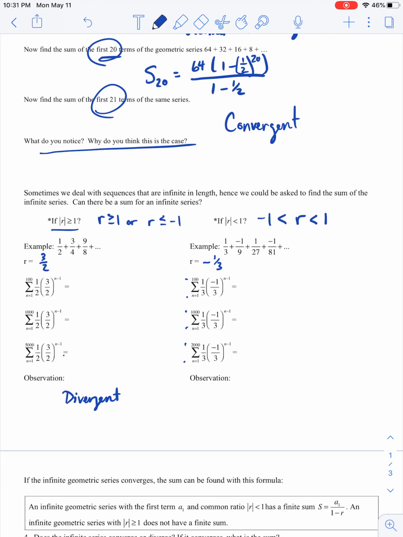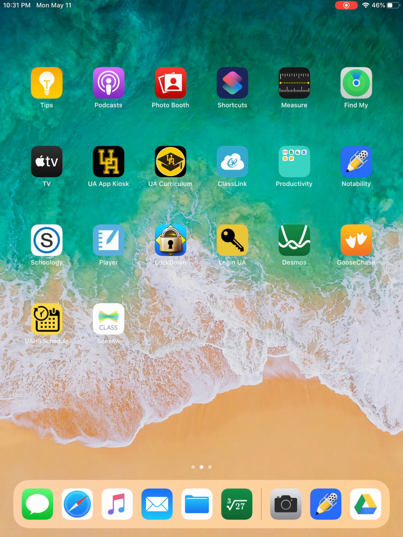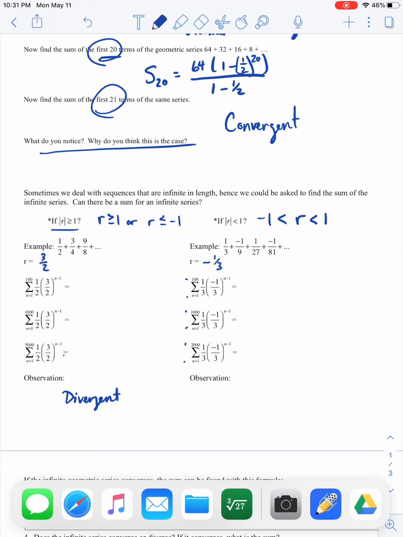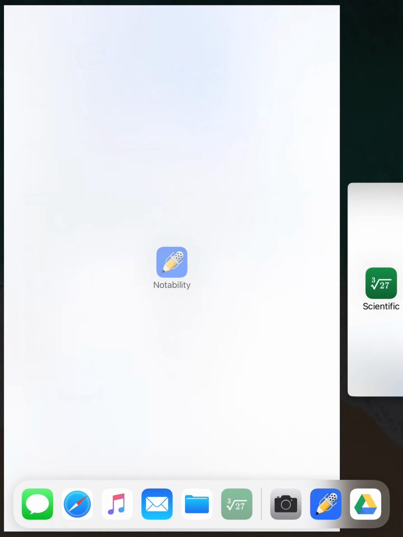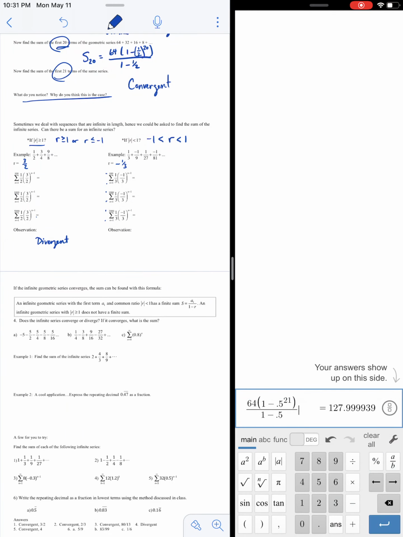So we could come in here again to our calculator. Let's go ahead and do a couple of them here. If I did the same formula again, this time my first term is 1/3, and my ratio this time is -1/3.